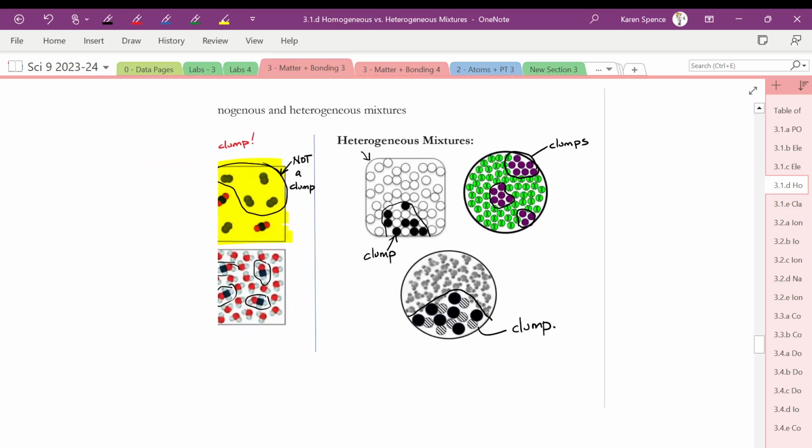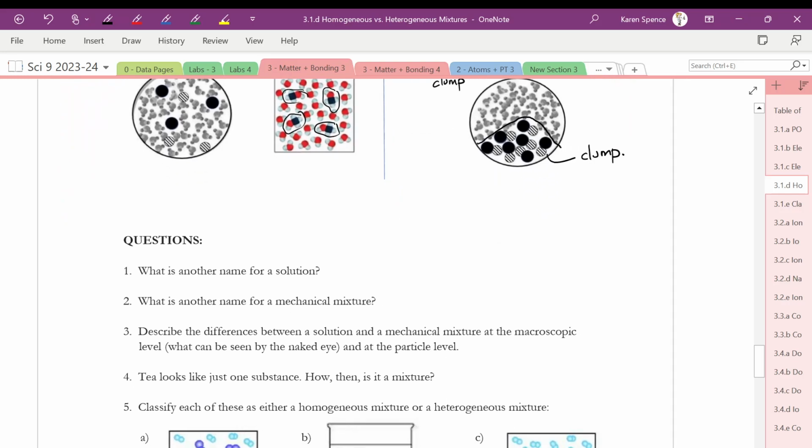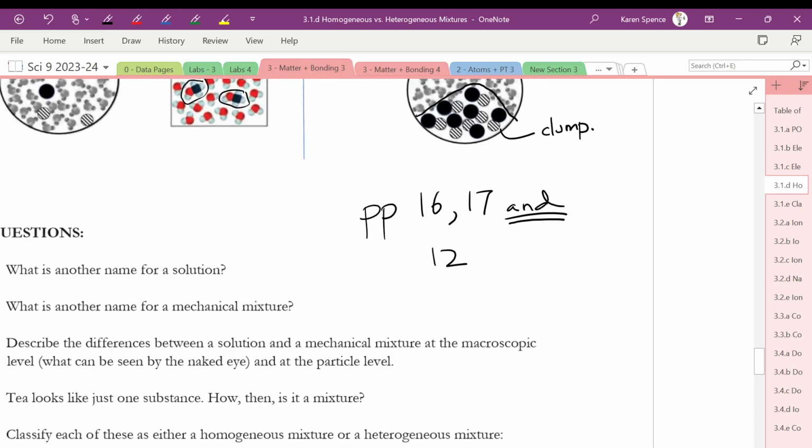All right. I'm going to give you a few minutes to work on pages 16, 17, and 12. If you are done those, you can feel free to work ahead. Your eventual homework is also going to include 21, 22, but I will give you a mini lesson before that.